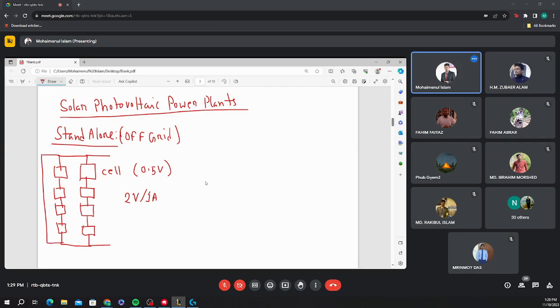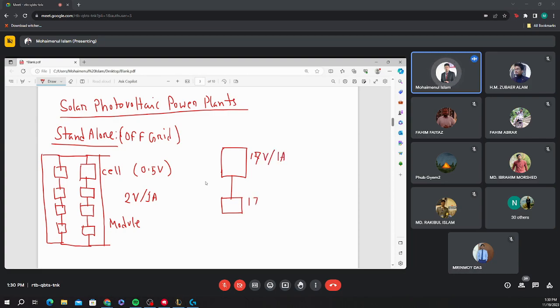So like that, if you arrange it in a particular module form, that is called a solar module. So we have cells in a particular module. Okay, and if you arrange those modules, suppose this is one particular module, this is another module, maybe this module has 17 volt and 1 amp.